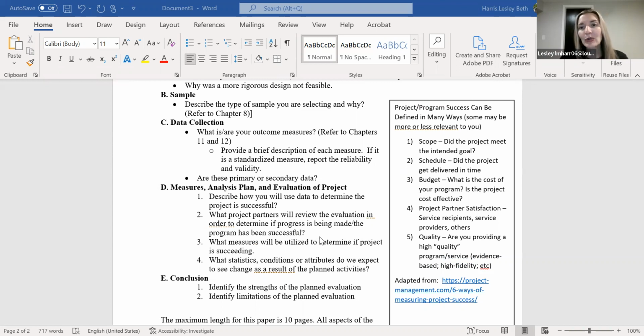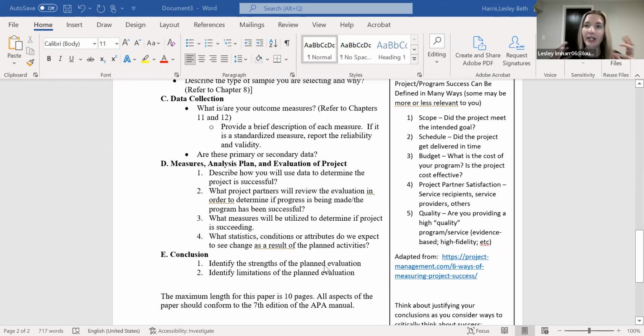In addition to looking at measures, so increasing or decreasing certain conditions within the community, you also want to think about scope, schedule, budget, partner satisfaction, also client satisfaction, and quality. So click on this link to get more ideas when really conceptualizing what success looks like. And lastly, in your conclusion, you're going to identify the strengths and limitations of your planned evaluation.